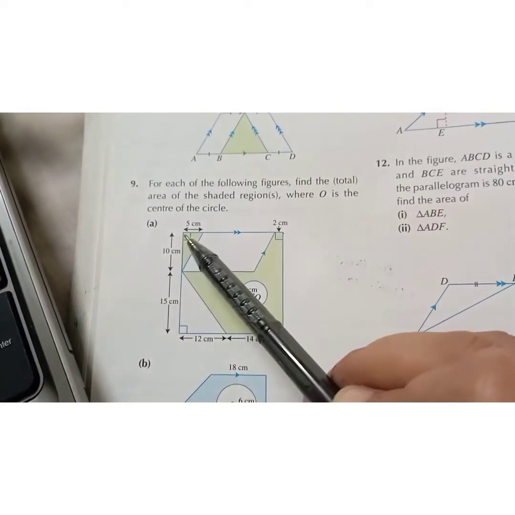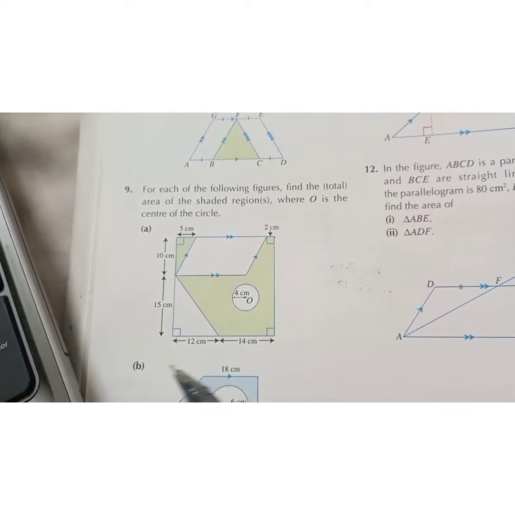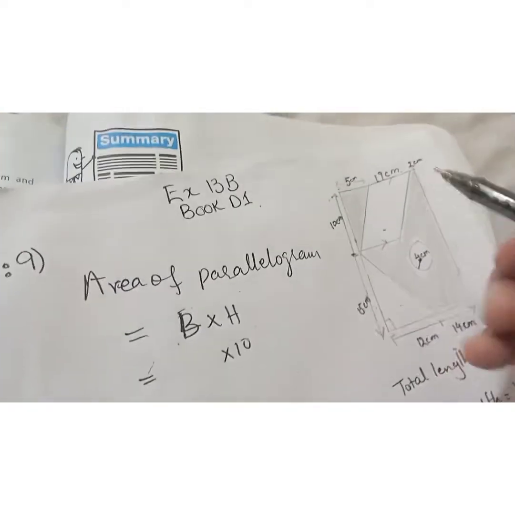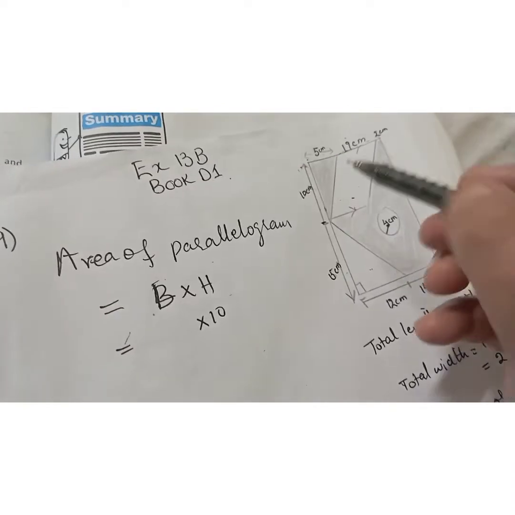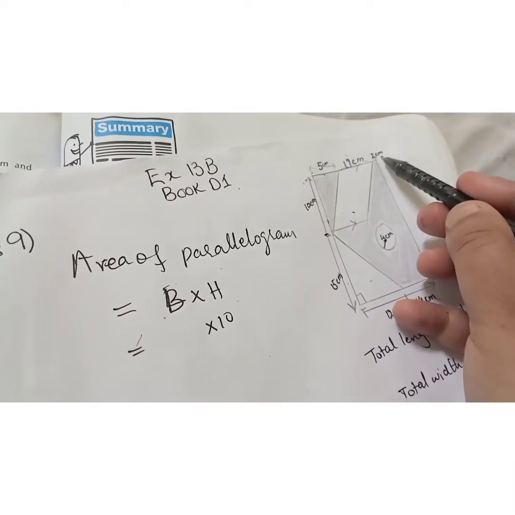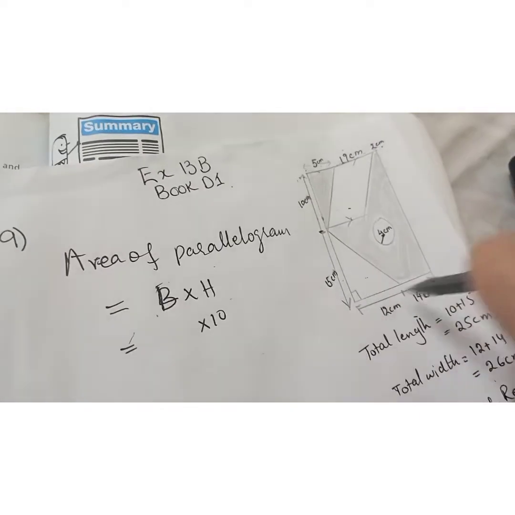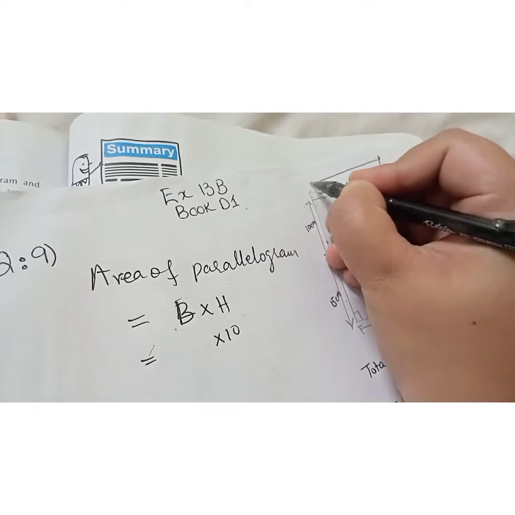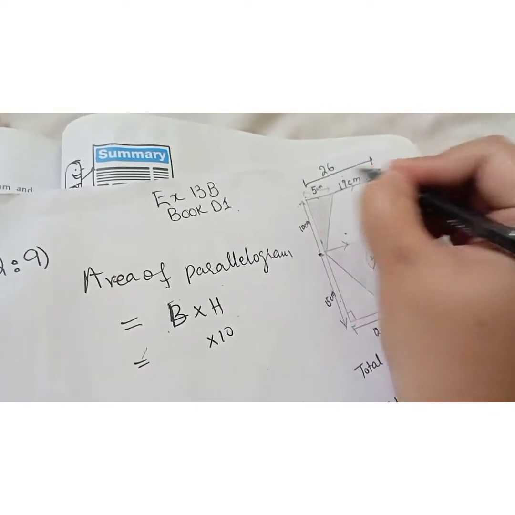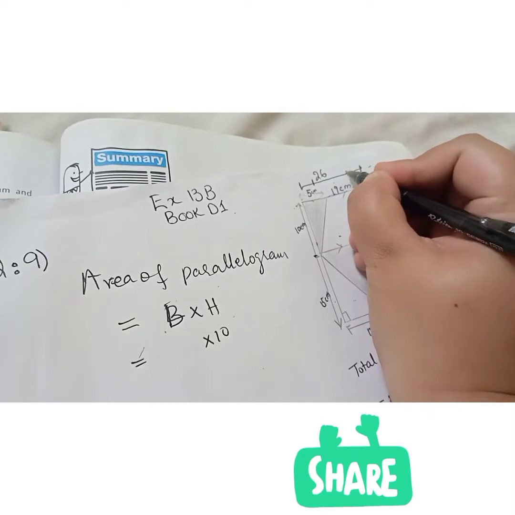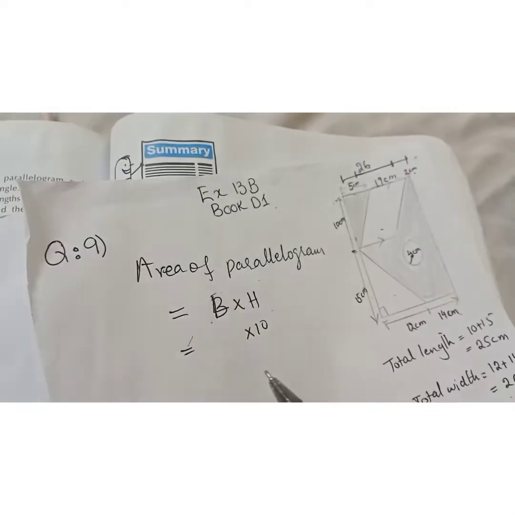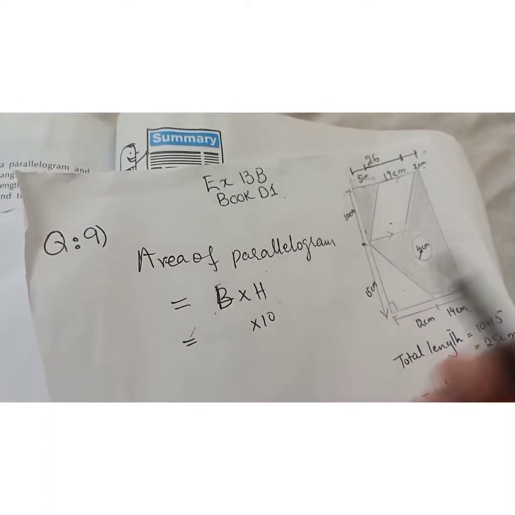If we subtract this 5 centimeter and this 2 centimeter, that is 5 plus 2, 7, from the total length, 26 centimeter, we will get the length of this side as 19 centimeter. So 19 centimeter will be the base of this parallelogram.